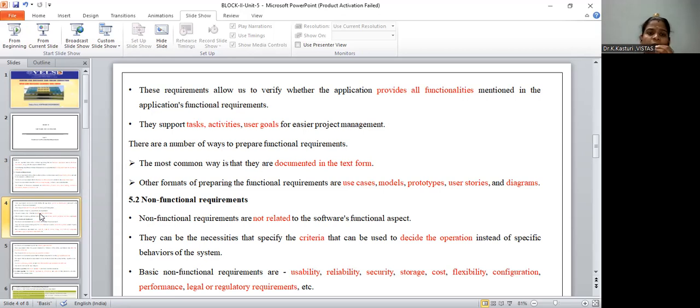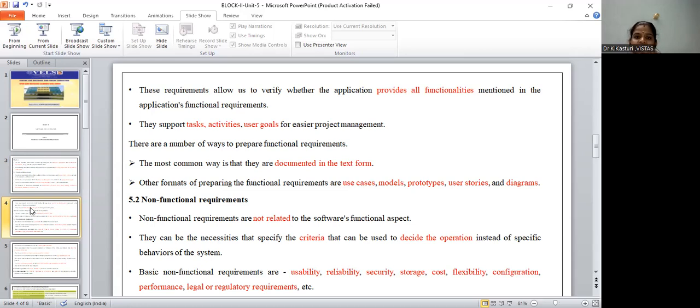Now move on to the non-functional requirements. Non-functional requirements are not related to the software's functional aspect, but the functional requirements are purely dependent upon the functional aspect. Then what is the non-functional requirement?